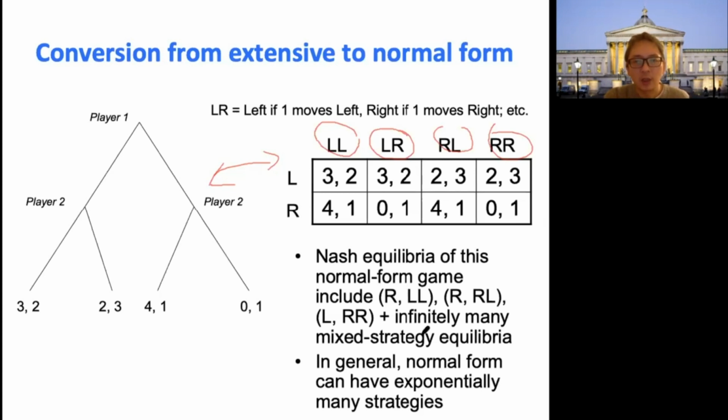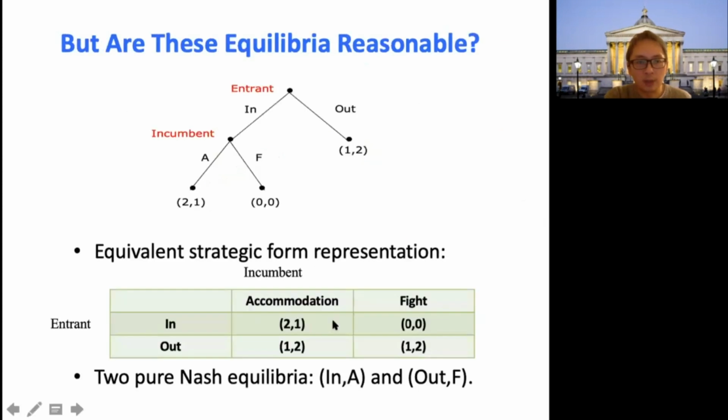It's not. So I think we'll talk about that when we introduce a concept later. But I just want to see if you convert to this normal form game, would all this equilibrium make sense or not?